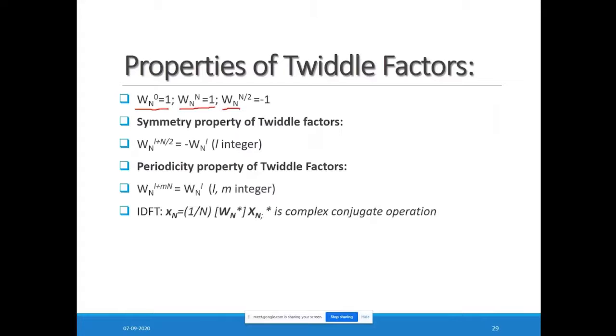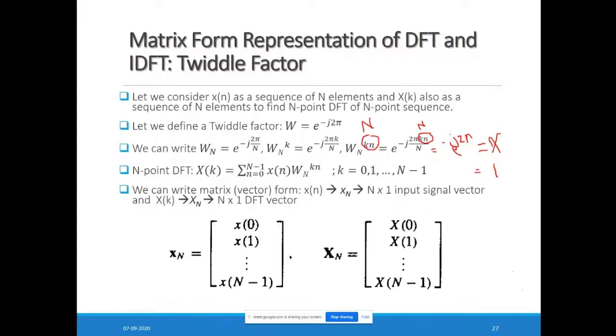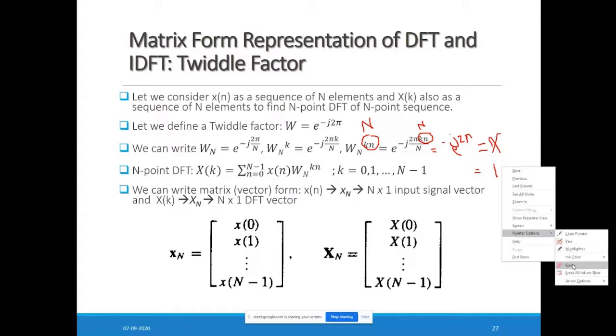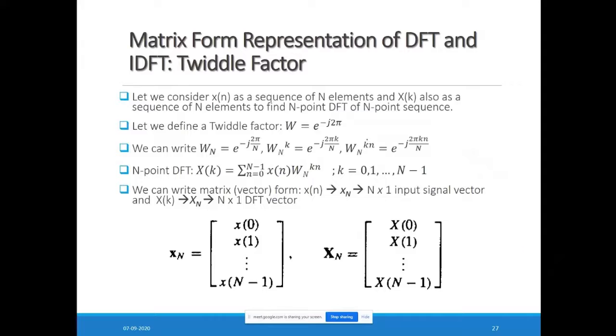Here the entire kn term is N by 2 instead of N. So N cancels out, the 2 is removed, and the N is cancelled out.